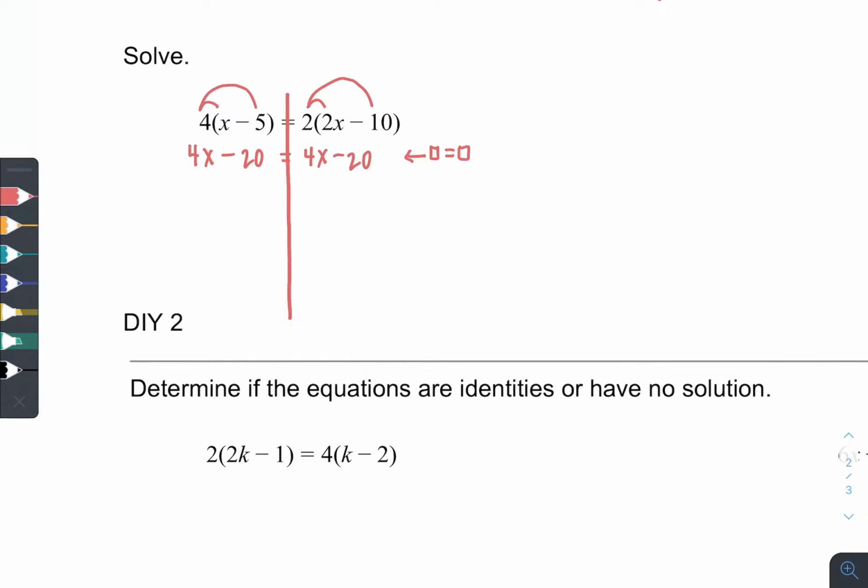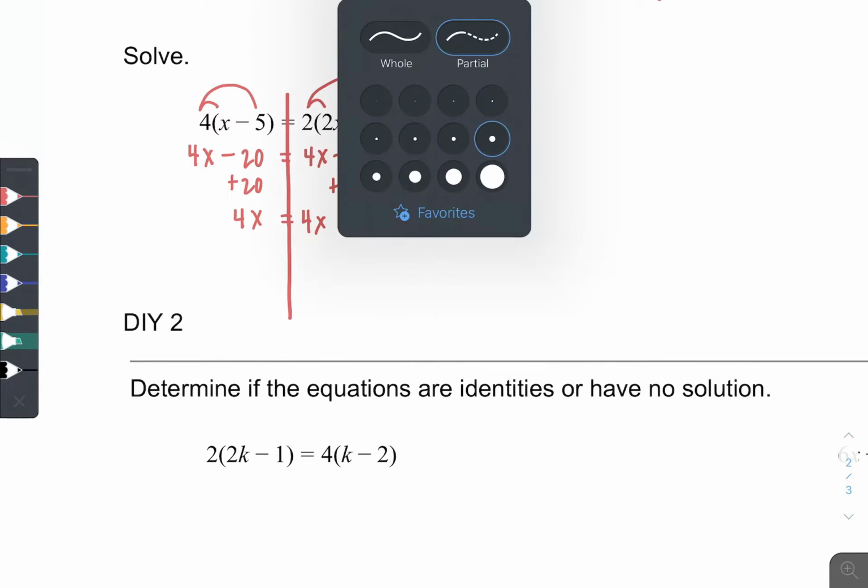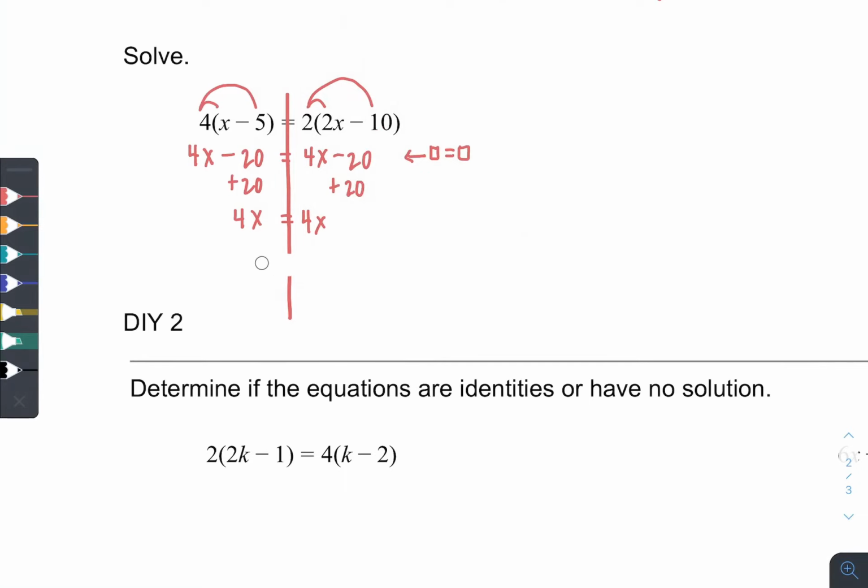But let's just keep going, just in case you didn't figure it out. So I'm going to add 20 to both sides. And so I get 4x equals 4x. And at that point, it should be pretty obvious. And so now we would write that our answer is all real solutions. You can have either one of these. You don't have to write both.